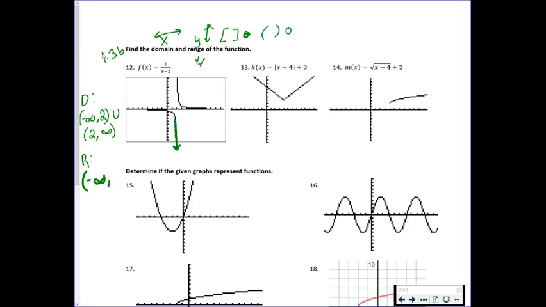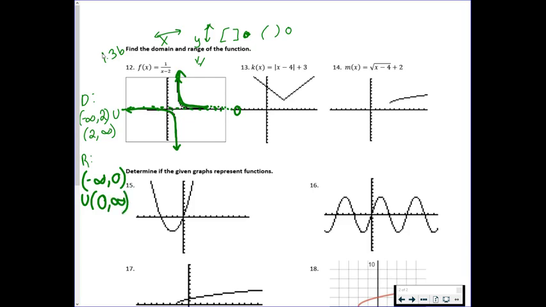Then as I follow my graph up, it keeps going up, up, up, but you'll notice that it's also going to have a break right here at this line, which has a y value of 0. So I'm going to stop at 0, pick it back up at 0, and take it on up to +infinity.